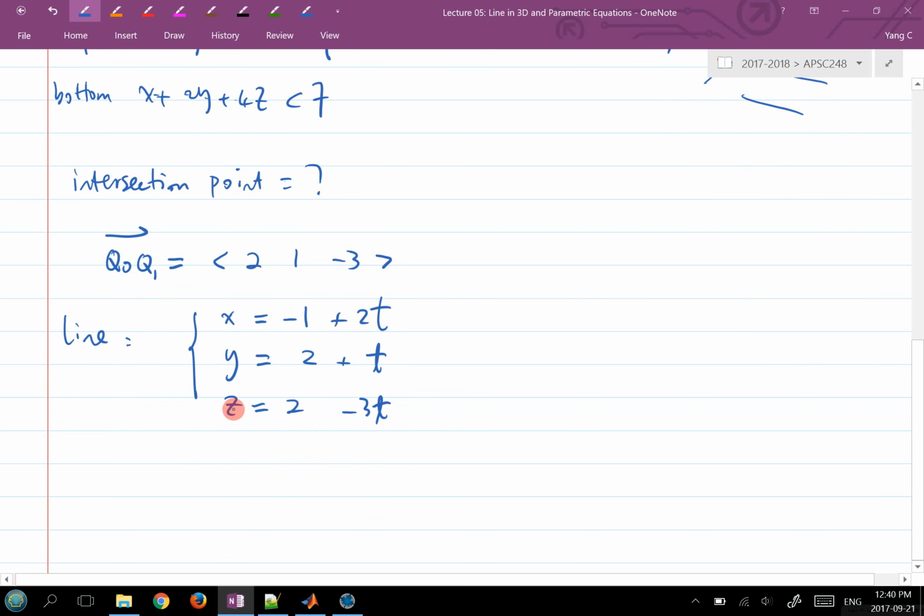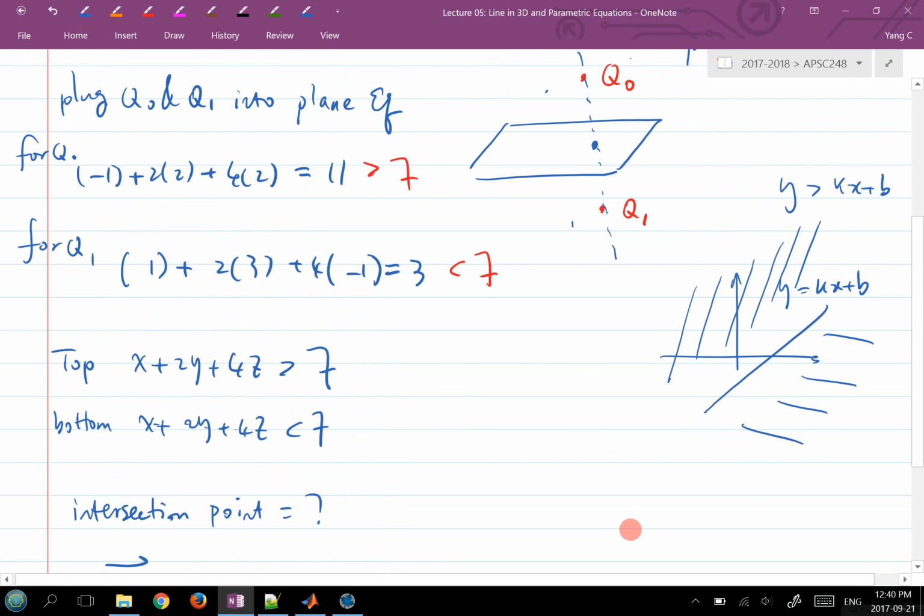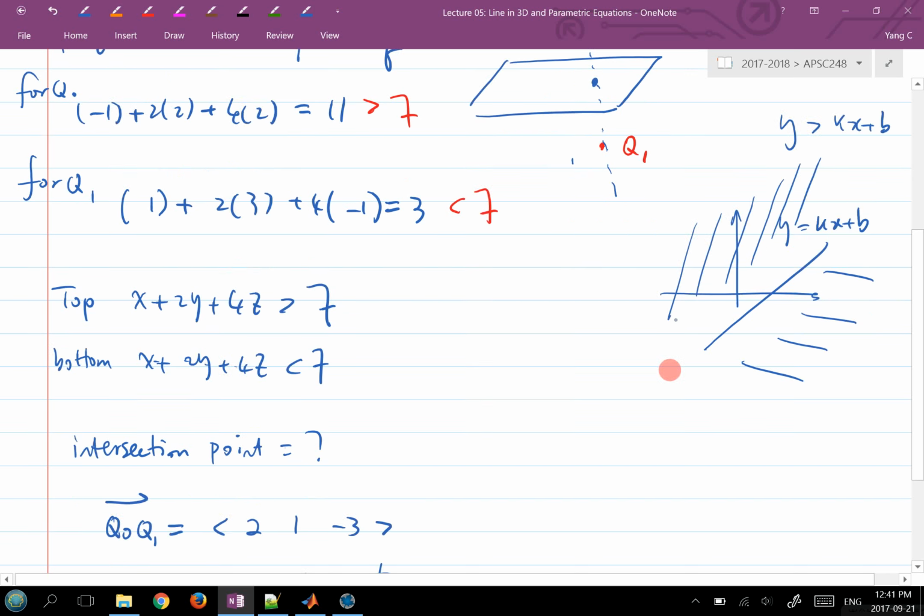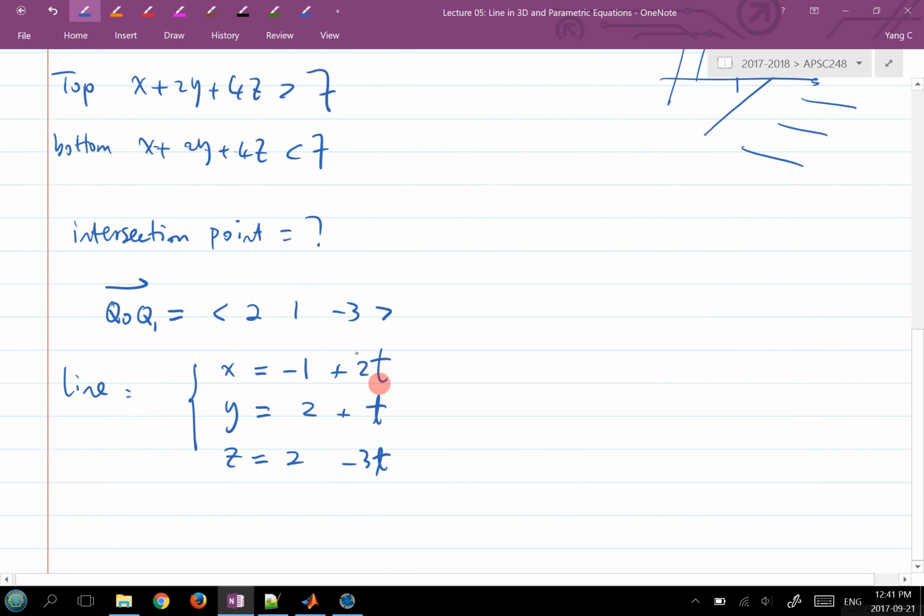So when they intersect this plane, that means that point must be on the plane, meaning that point must satisfy the plane equation. So we can substitute these coordinates into the plane equation. So sub this line equation into plane equation.